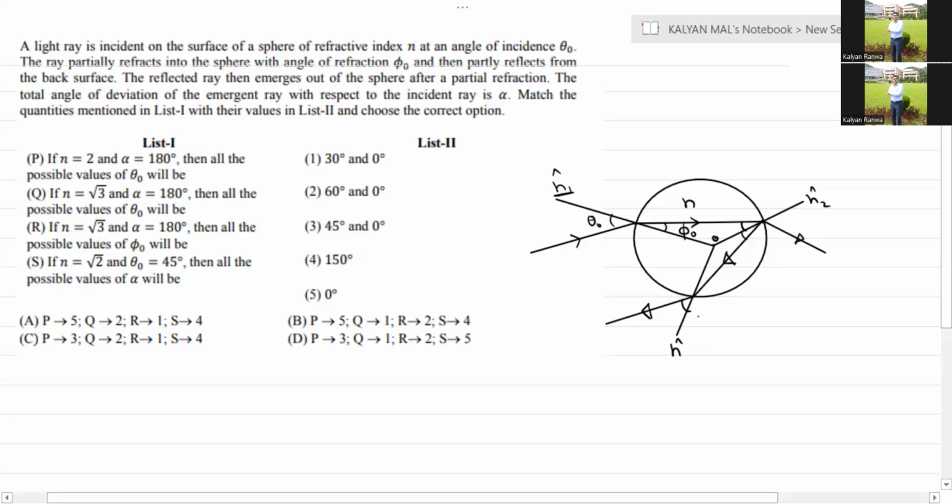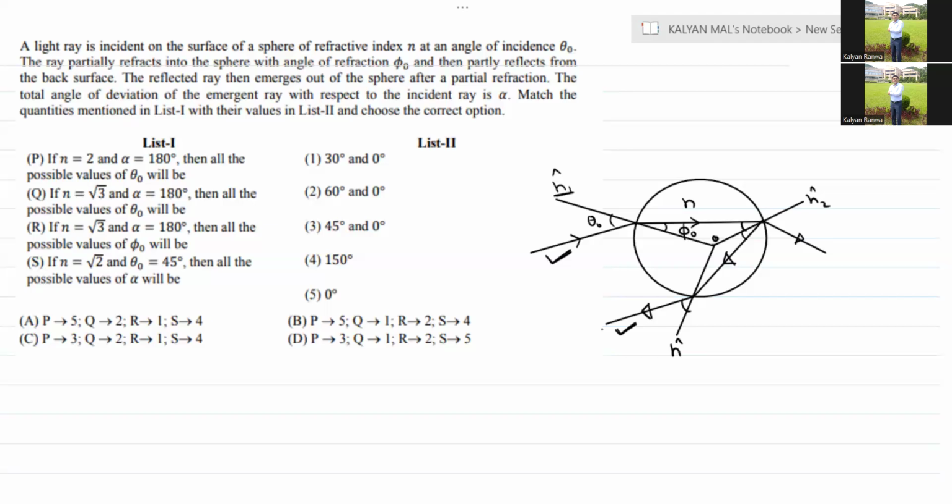The last statement of the question says that the total angle of deviation of the emergent ray with respect to the incident ray is alpha. So the total angle of deviation between the incident ray and the emergent ray is given to be alpha. Match the quantity mentioned in List 1 with their value in List 2 and choose the correct option.